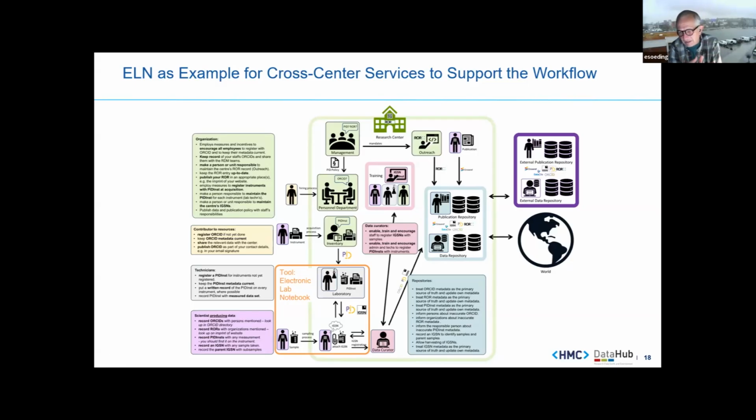The data curators and the technicians together are responsible for that. We're working on a recommendation system. We're issuing a lot of recommendations, and we're trying to issue fact sheets or help sheets for the different groups that will help them to conduct their tasks.